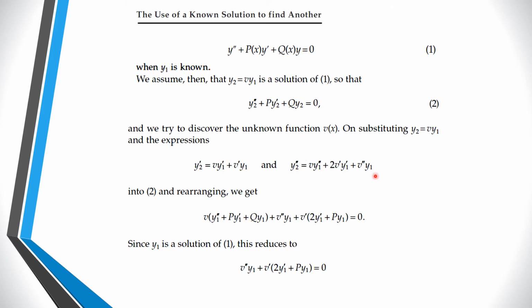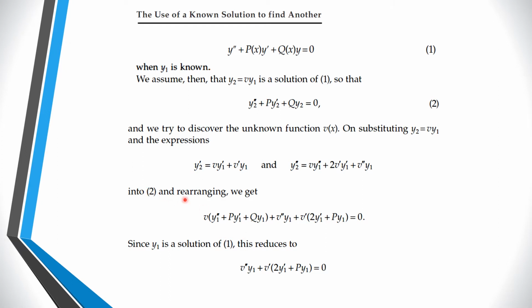Now you substitute y2 double prime, y2 prime and y2 in equation number 2, and after taking common v prime and v double prime, we will have this equation. So after rearranging we get this. Now just see what is given to us.